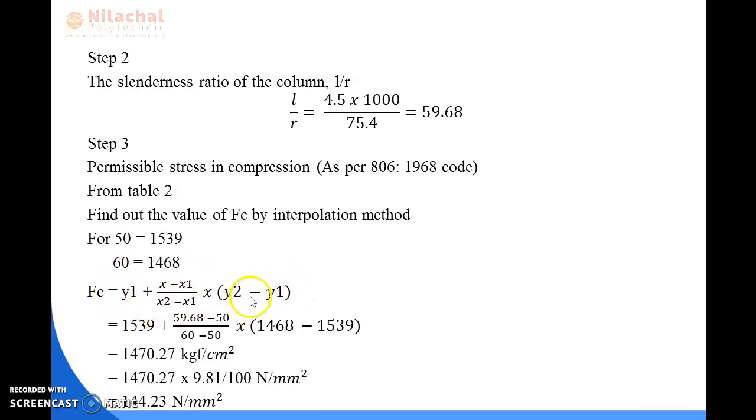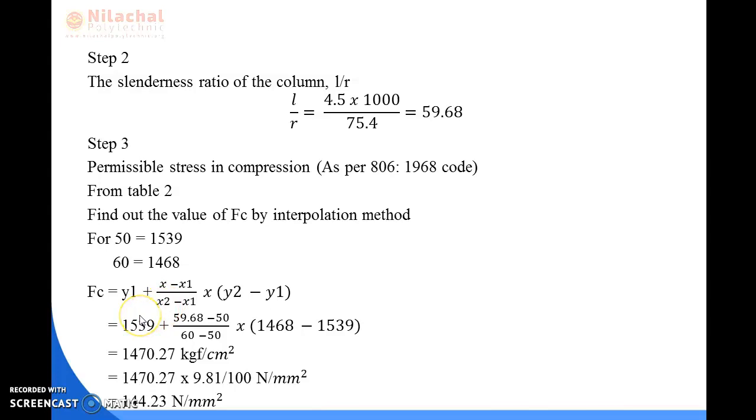This is the formula for the interpolation method. Here 50 is x1, 60 is x2, 1539 is y1, 1468 is y2, and 59.68 is your x value.